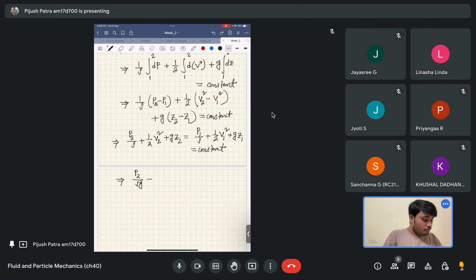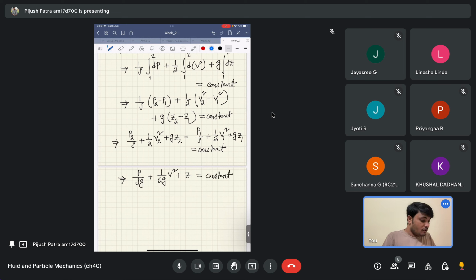So I will write it in a different sense now. What I am getting essentially is p by rho g plus 1 by 2g into v square plus z is equal to constant.